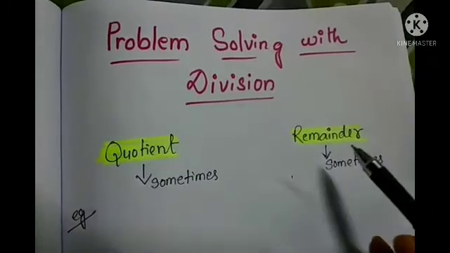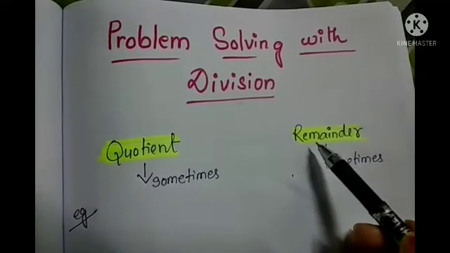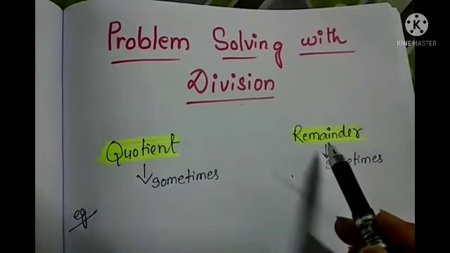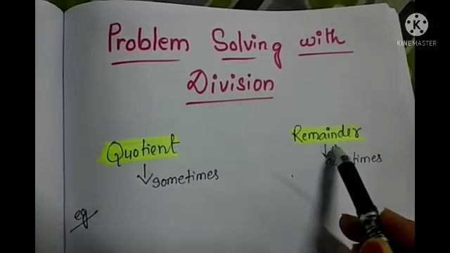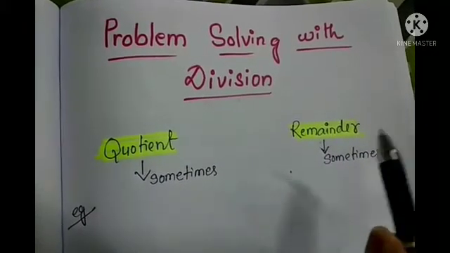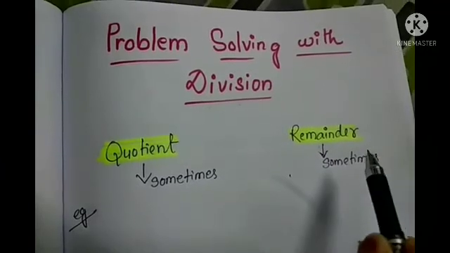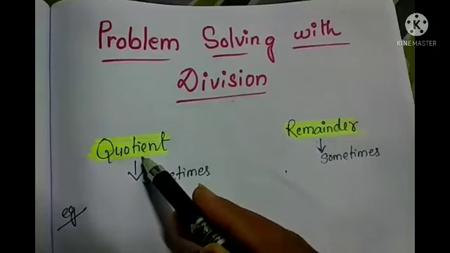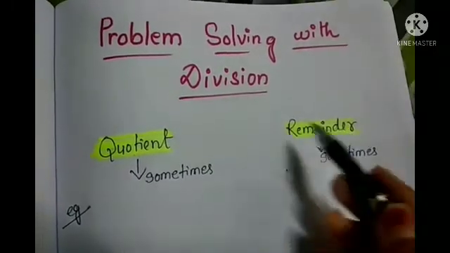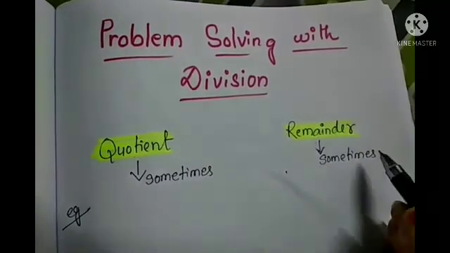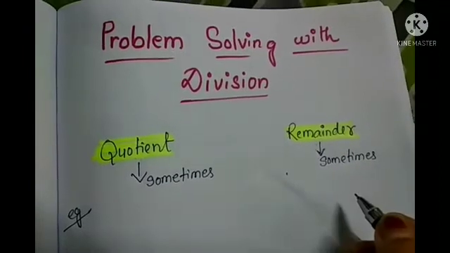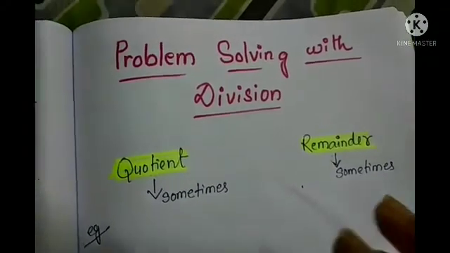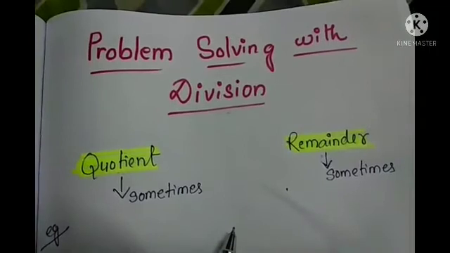In some cases the remainder is not our answer itself, but from the remainder our correct answer can be obtained. That means in getting the quotient correctly, the remainder also has some role. So let's see one example, then it will be more clear to you.